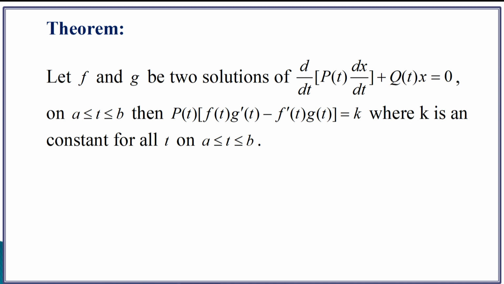This theorem is important to prove the next theorem, which is a bigger one, but this is just an intermediate step which we need to prove it. That's why we are also proving this intermediate step as a theorem. So what this theorem basically states is, if you have two solutions, this term becomes constant. In the next slide, we see the proof of this theorem.